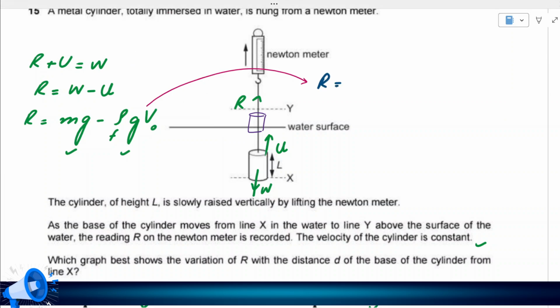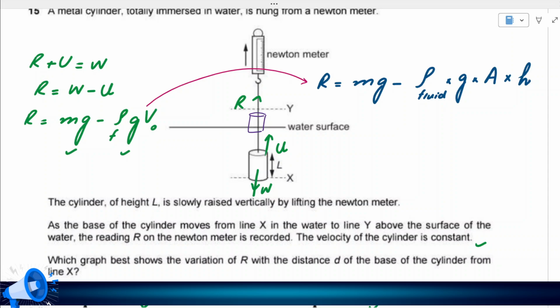So I can write this expression like this: mg minus density of fluid rho g, and volume of the object I can write it as base area times the height of the object, or the depth of the object which is submerged in the liquid.